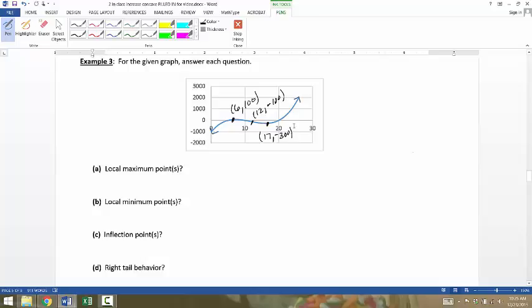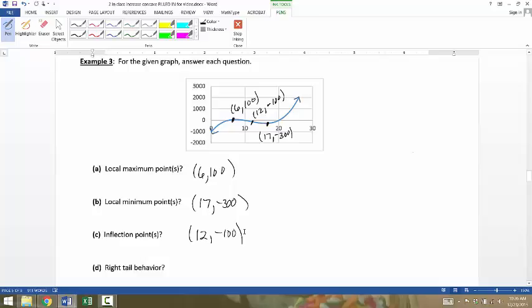Again, these are just estimates. Later in the course, we're going to be able to identify those inflection points and max min points exactly using calculus. So for now, our estimates: local maximum looks like it's at about 6, 100. Local minimum looks like it's at about 17, -300. Inflection at about 12, -100.